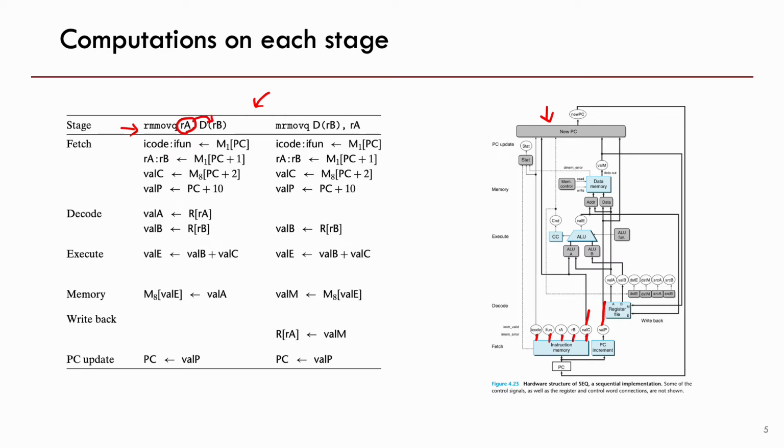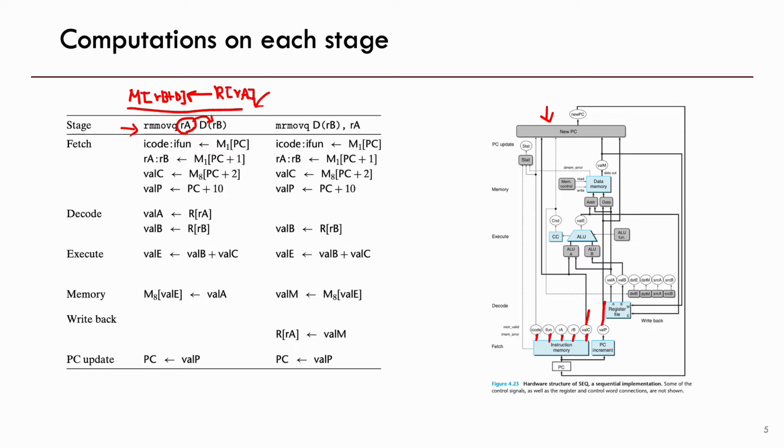Its start address is rB plus D. So we can rewrite this part this way. We are going to read the register value of rA and then write it to the memory, and its start address is rB plus D. D is displacement and rB is base address.